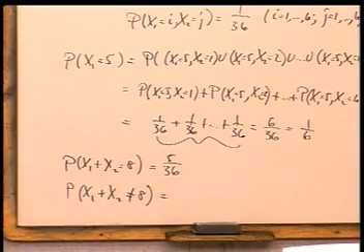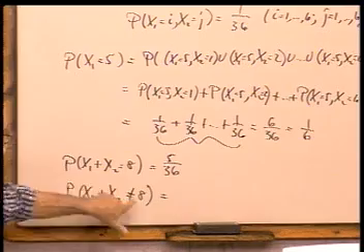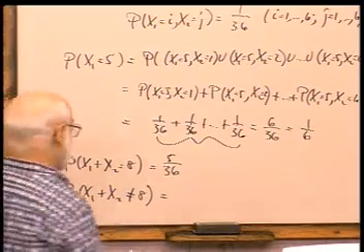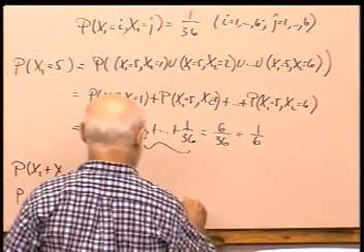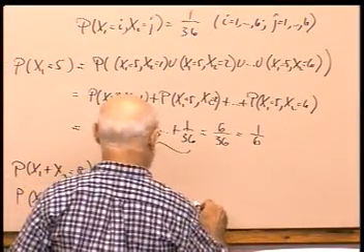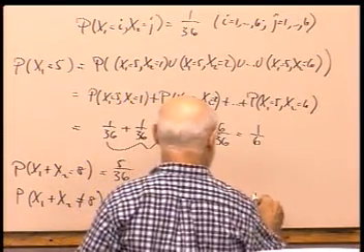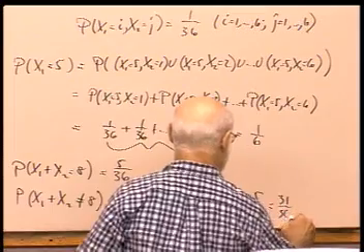Well, according to one of our theorems, the event x1 plus x2 does not equal 8 is the complement of the event that it does equal 8. So I could simply say that is equal to 1 minus the probability that x1 plus x2 does equal 8. So that's 1 minus 5 over 36, which is 31 over 36.